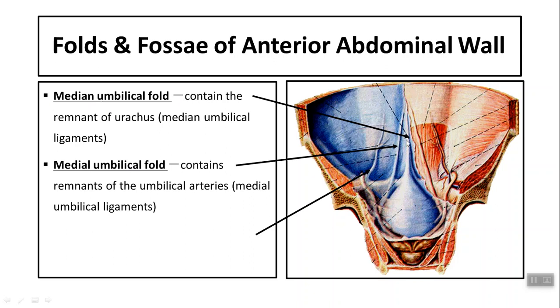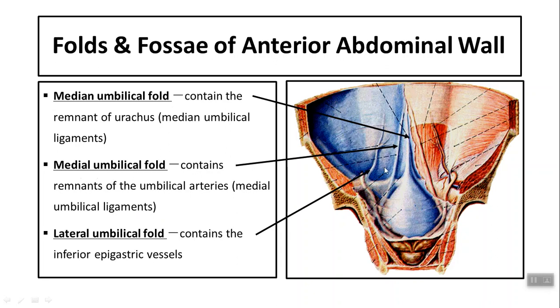Lateral to it, another fold is called the medial umbilical fold. The medial umbilical fold contains the remnants of the umbilical arteries. These fibrous remnants are called the medial umbilical ligaments, but the fold is called the medial umbilical fold.